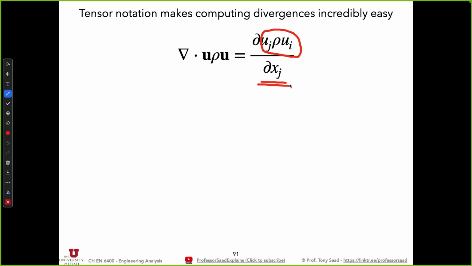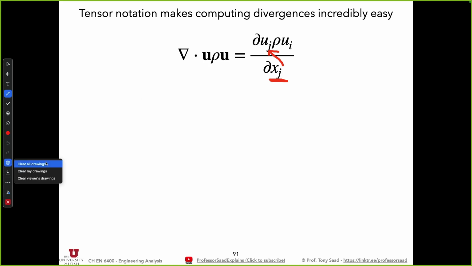Be careful here. This j is the same index as this one, because you might see partial uk rho ul by partial xk. Doesn't matter. An index is just a symbol. But you have to be careful that this index at the bottom corresponds to the direction index on your tensor. This is very, very important.